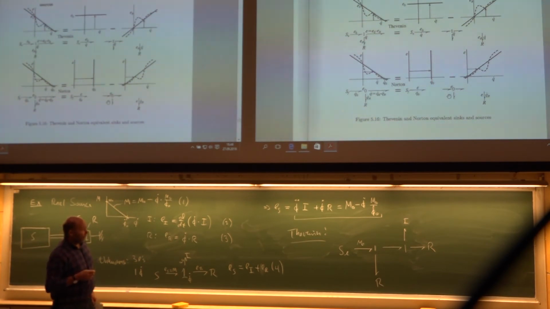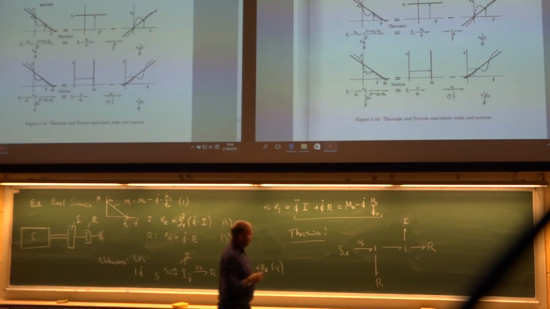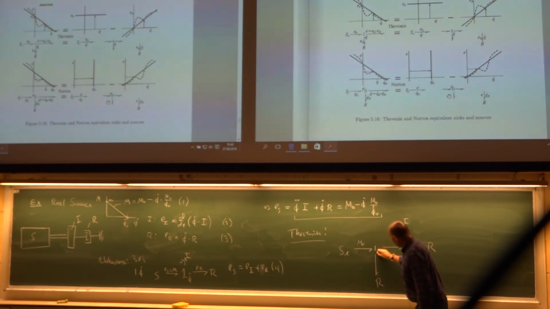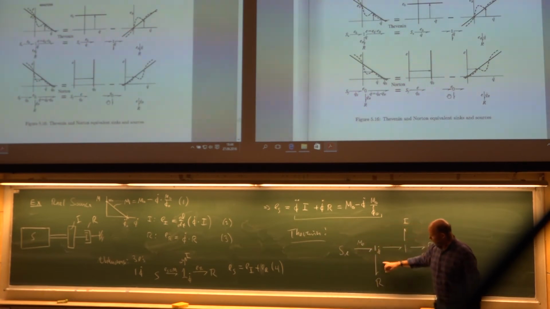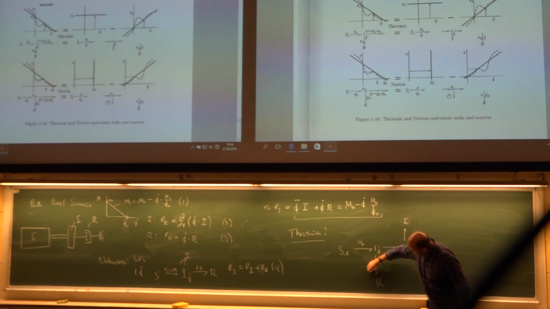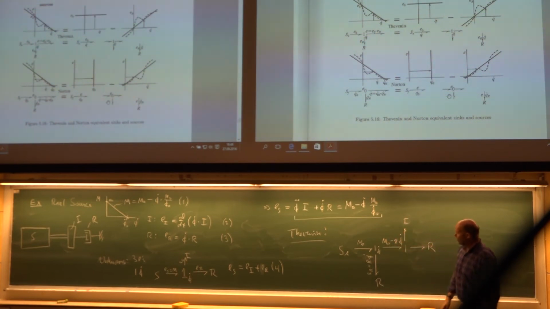So what must the resistance be? Say you have some rotational speed here. Then you know the effort here. Effort from the resistance equals R times phi dot. And here I will now have M0 minus this R times phi dot.